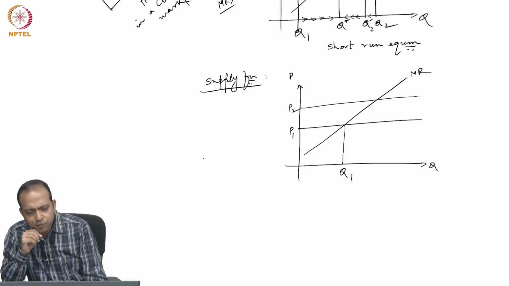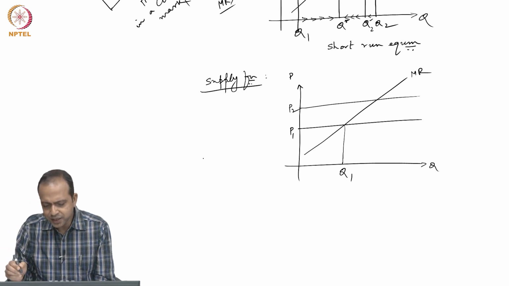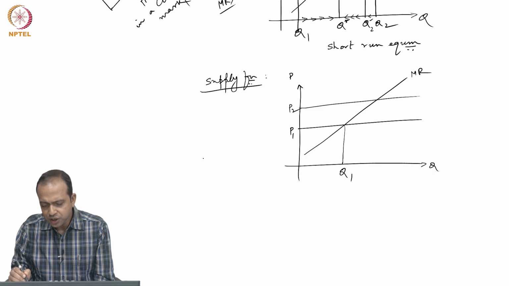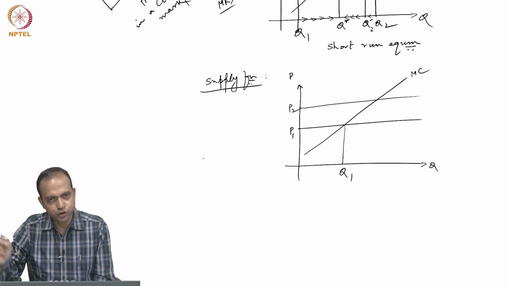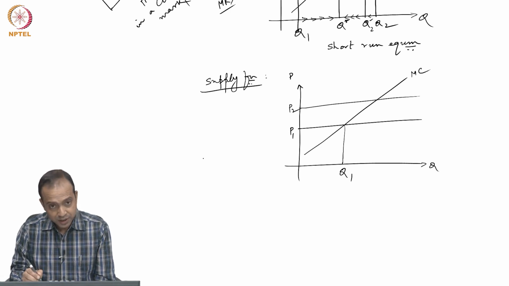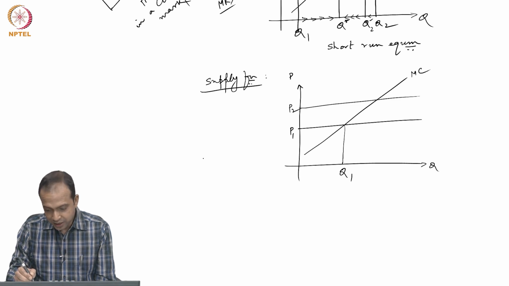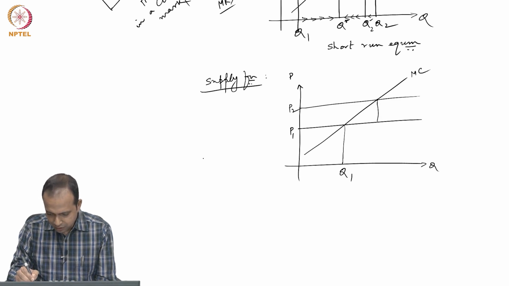Now, what should the firm do? When the price has increased to P2, then this is not MR, this is MC, the upward sloping MC curve. If it is P2, then obviously the equilibrium is achieved here.